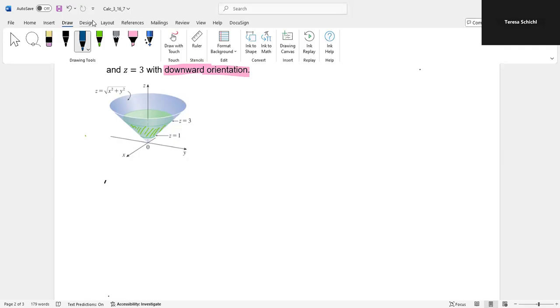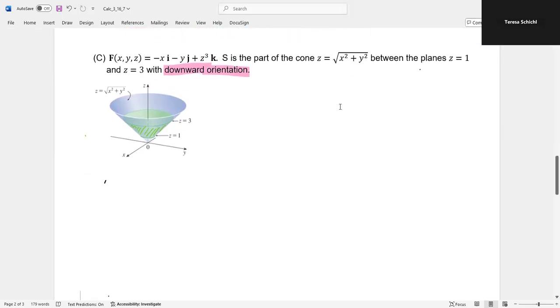So first we're going to apply that formula. Let's get all the values we have.